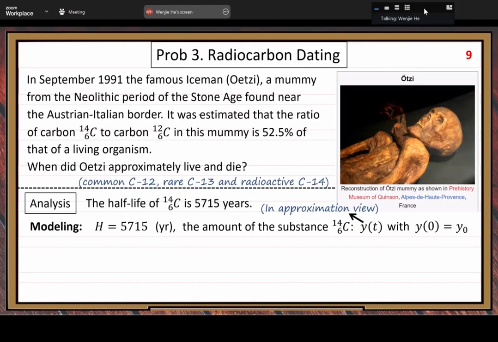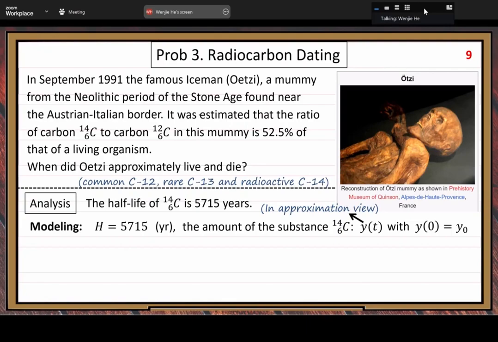No change in the organisms. Rare carbon-13, another isotope, but very rare, a tiny amount. So here we ignore it.